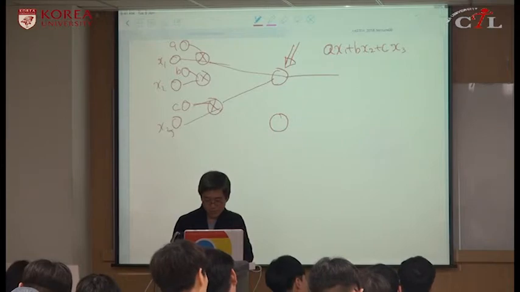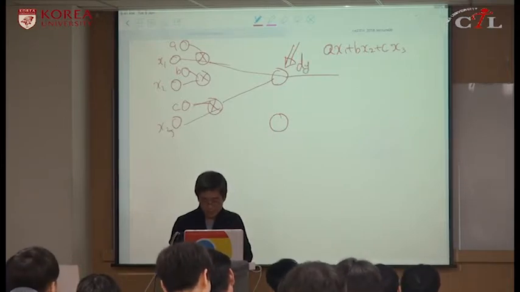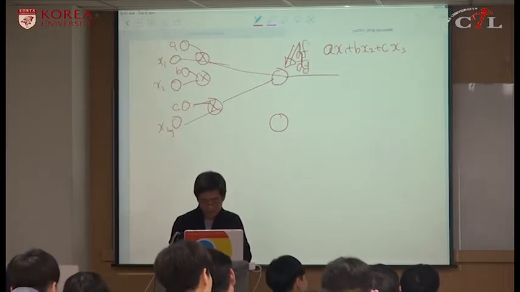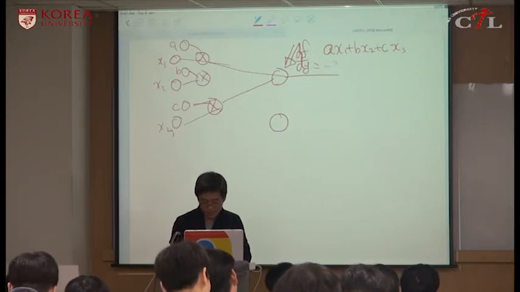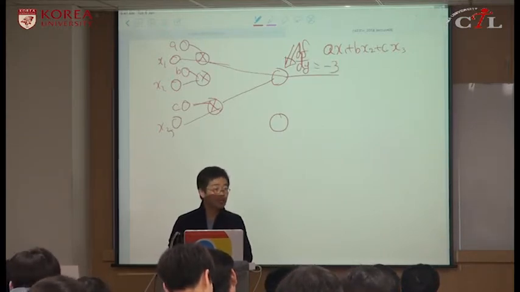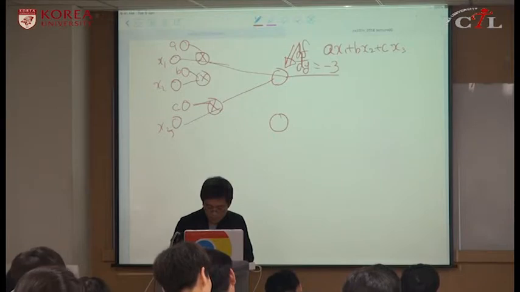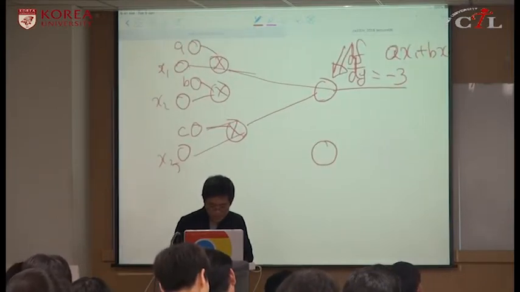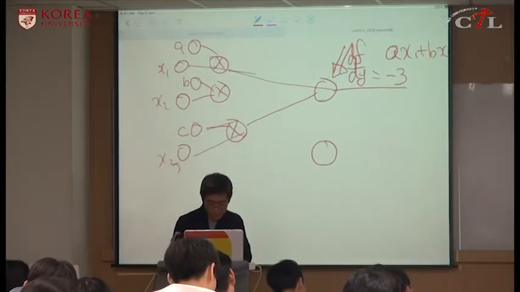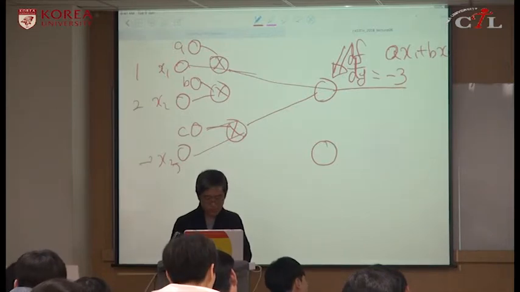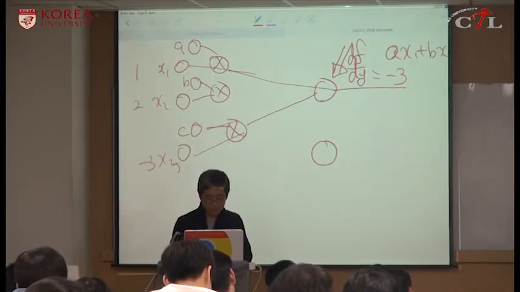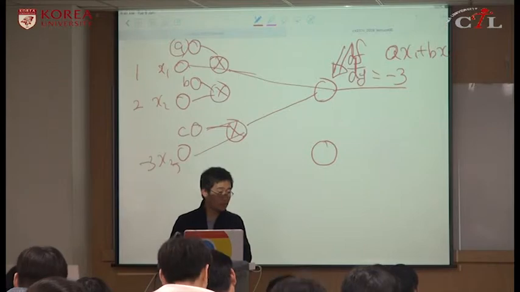Suppose our df over dy was maybe -3, and suppose x1, x2, x3 were set as 1, 2, and -3. What will be the gradient with respect to A, B, and C?